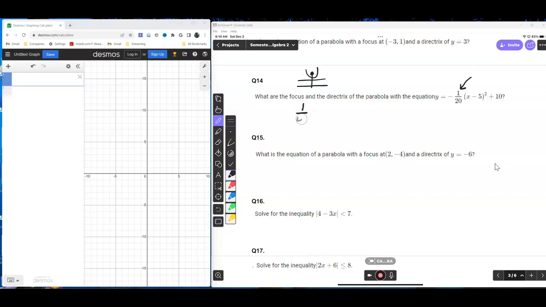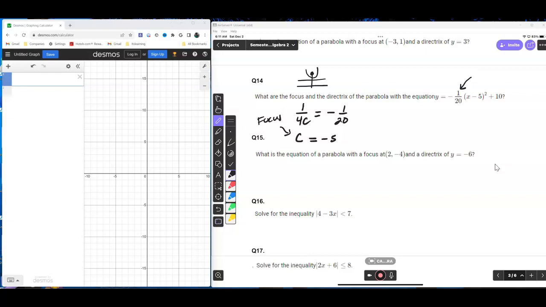So 1 over 4c is equal to -1 over 20. So c, which is your focus, has to equal -5. Why? Because 4 times -5 gives you -20.